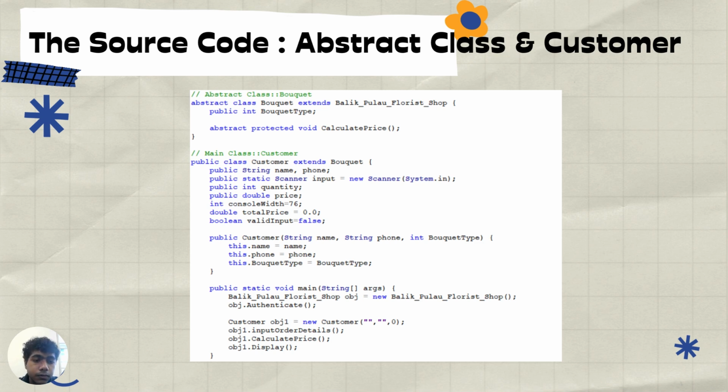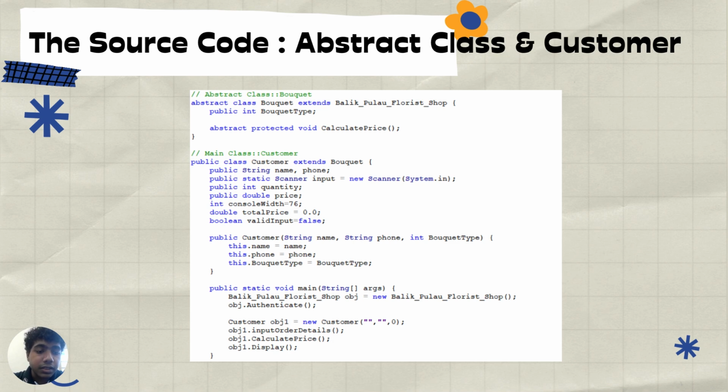Then comes our main method, which is public static void main. This main method is used to create the object for the class Pulau Balik Pulau flourish shop, and to call the method authenticate using the object named obj.